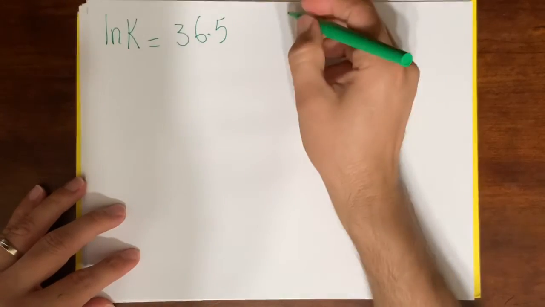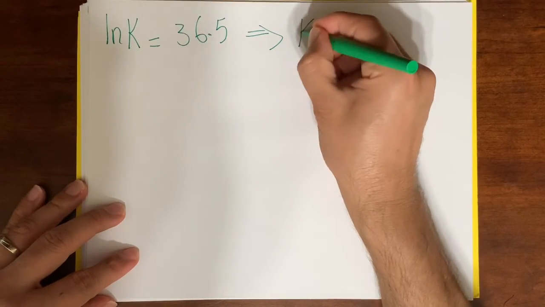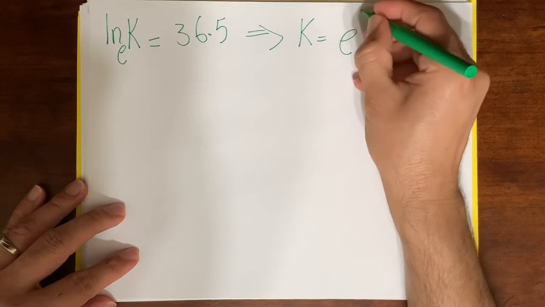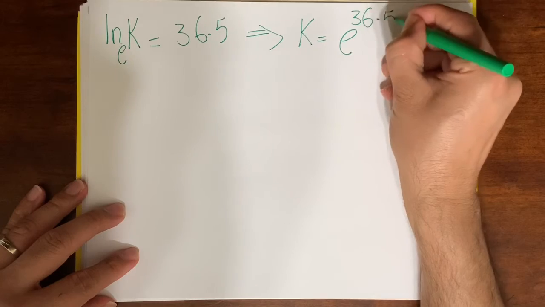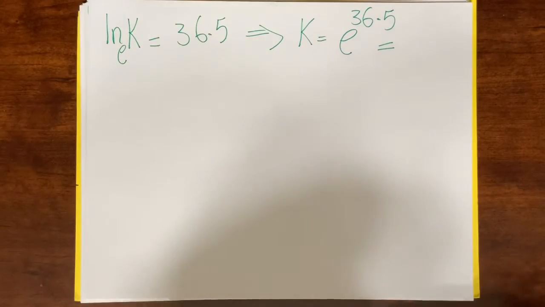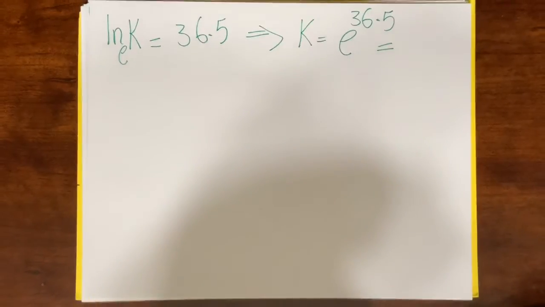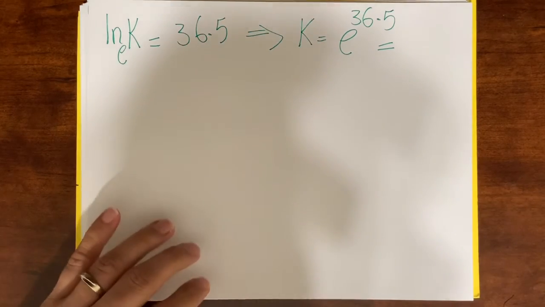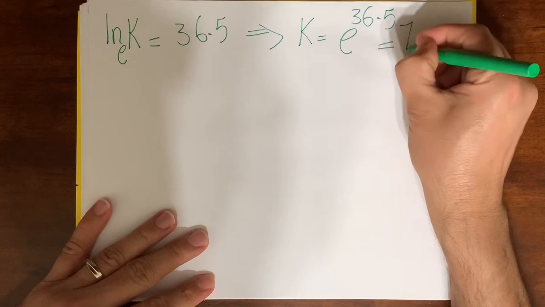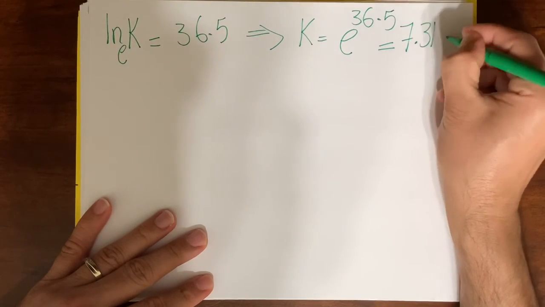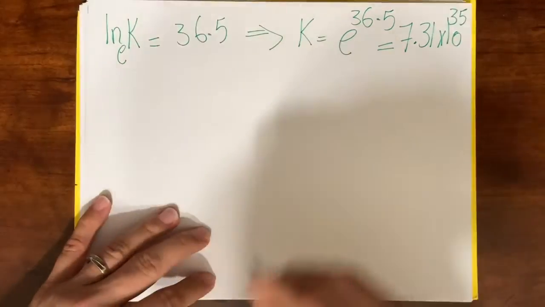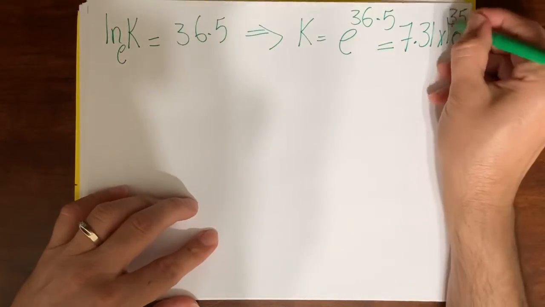So now K, the base for ln is e, so it will be e to the power of 36.5, and that's going to be 7.31 multiplied by 10 to the power of 35. 15, my bad, 15.